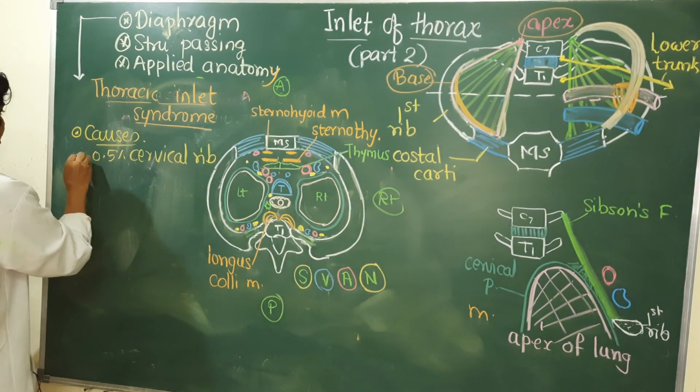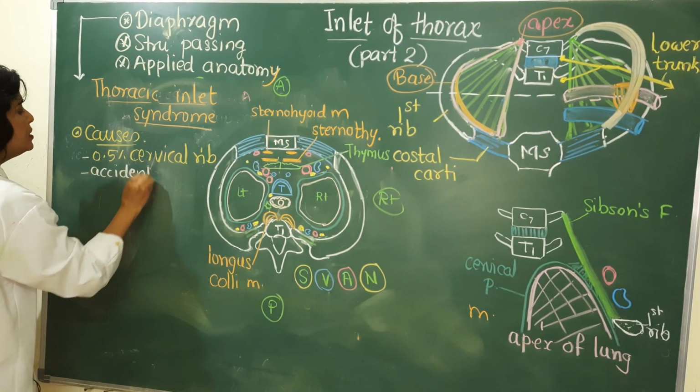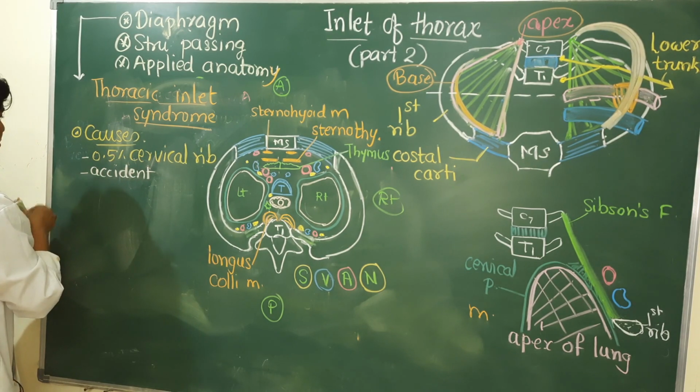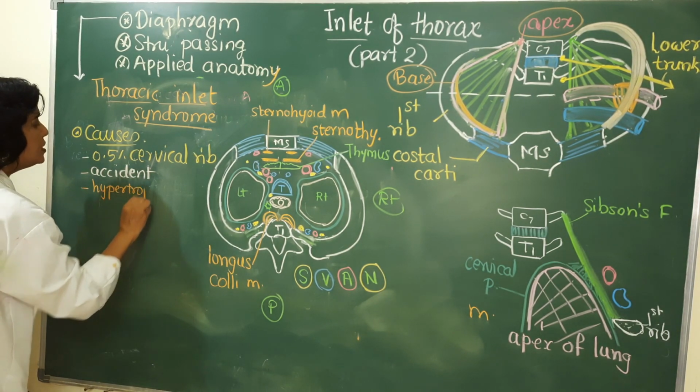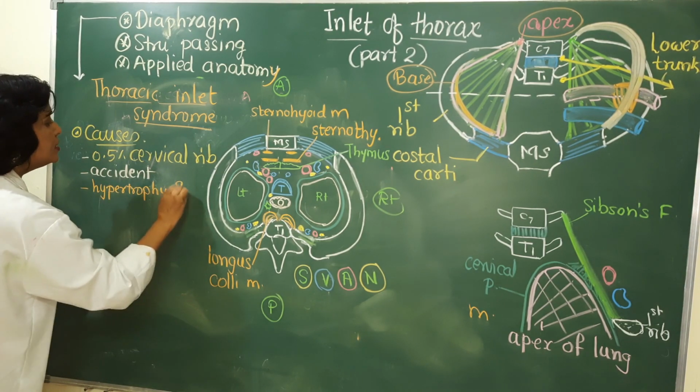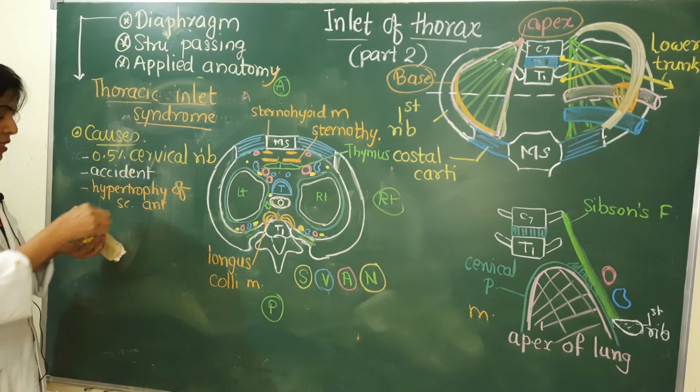That is one reason. Another reason, in accidents you may get this syndrome, and sometimes you get hypertrophy of the scalenus anterior muscle. So these are the reasons for this syndrome.